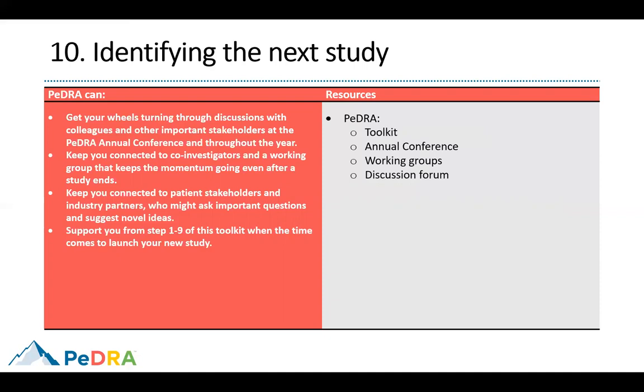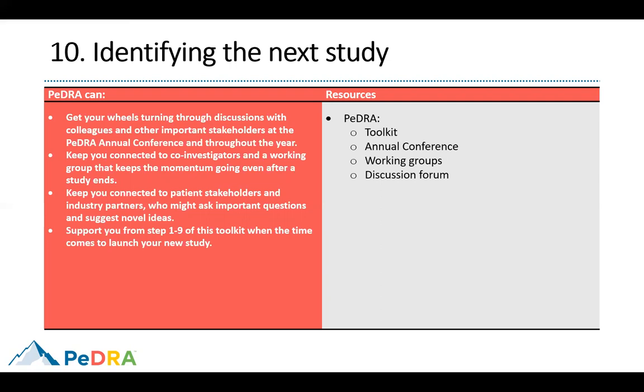So one of the great venues to help your next study get off the ground is certainly the PeDRA annual conference. An annual conference is a great venue for many of the different things that we talk about in the research toolkit, but by coming to the annual conference every year, you'll have that ongoing communication with the other PeDRA members who are there with you, within working groups, within the broader PeDRA membership, to discuss new ideas, to discuss findings, and to constantly be working on what is the next thing that we should be working on.